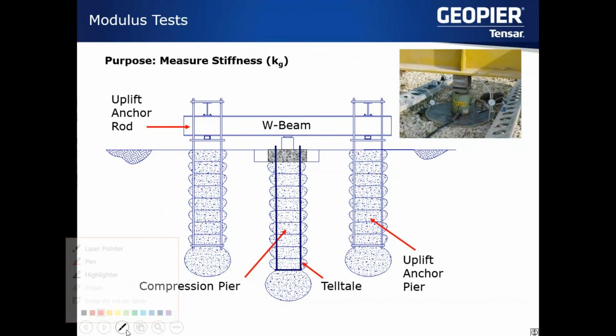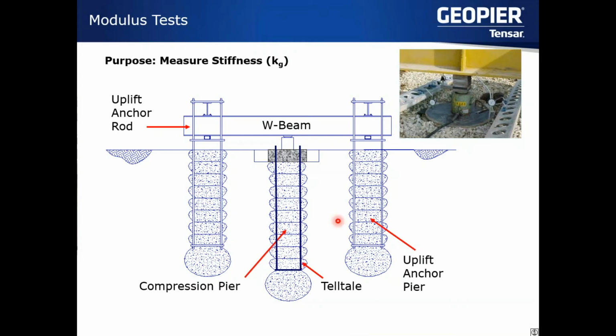On the majority of project sites, we'll install a sacrificial pier for testing. On our test pier we'll excavate out the top 2 to 3 feet, and we'll pour a concrete cap, usually with a sonotube. And that cap is intended to represent the footing and how the footing might interact with the aggregate pier.